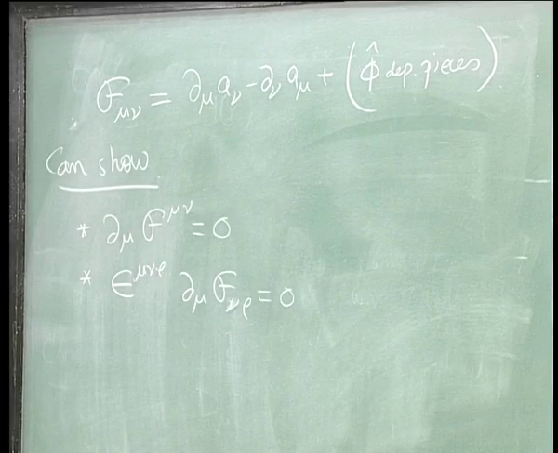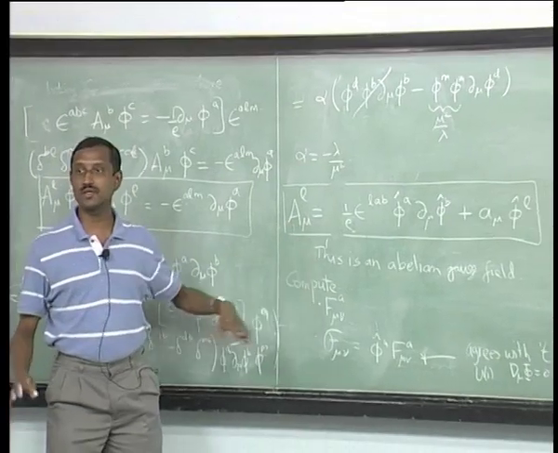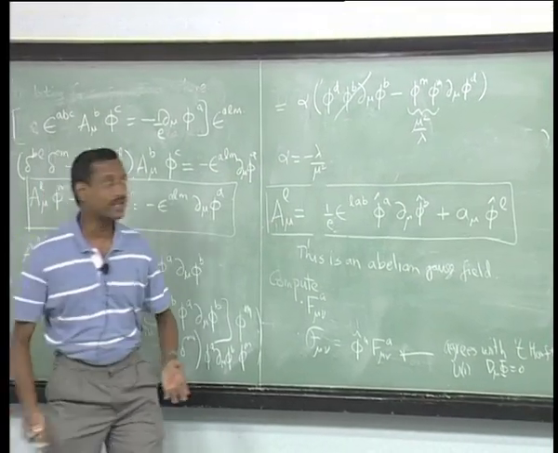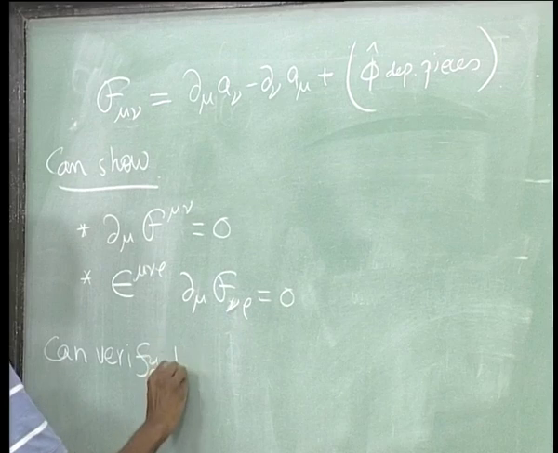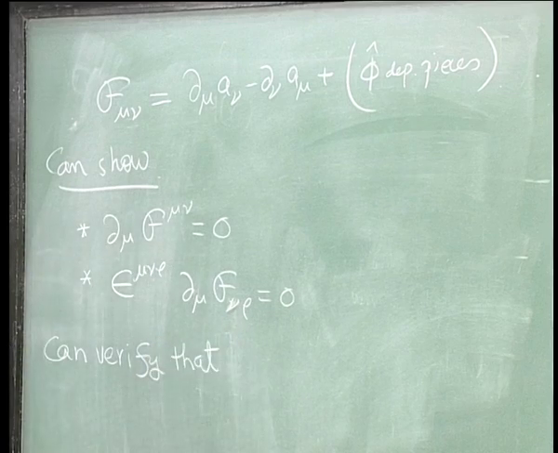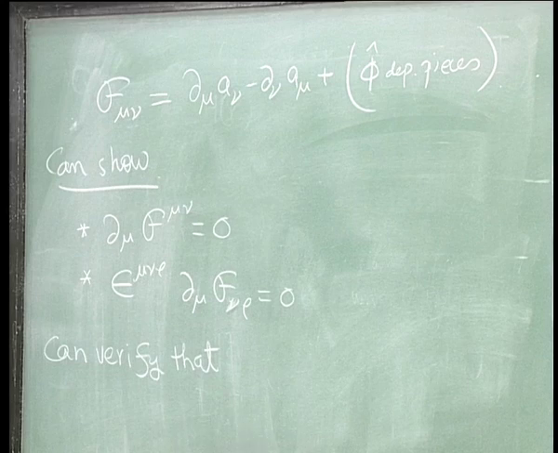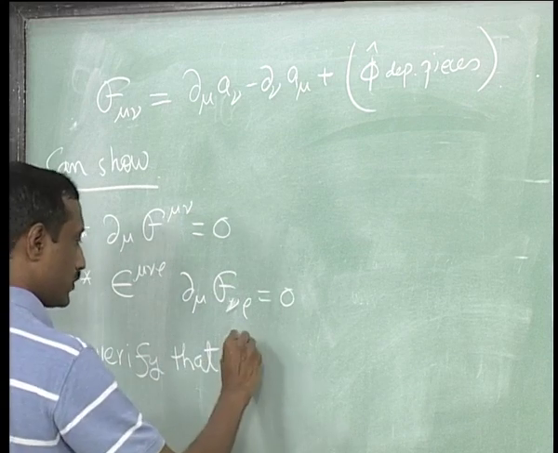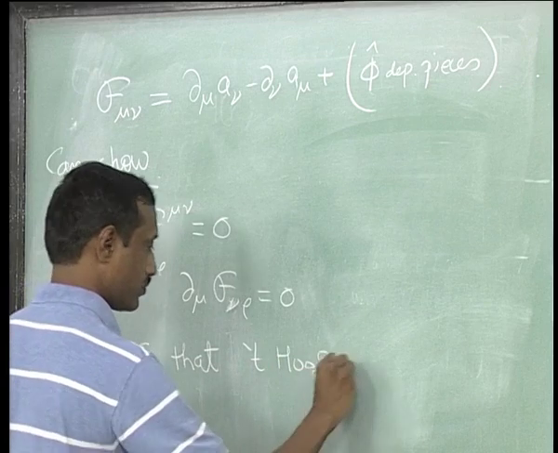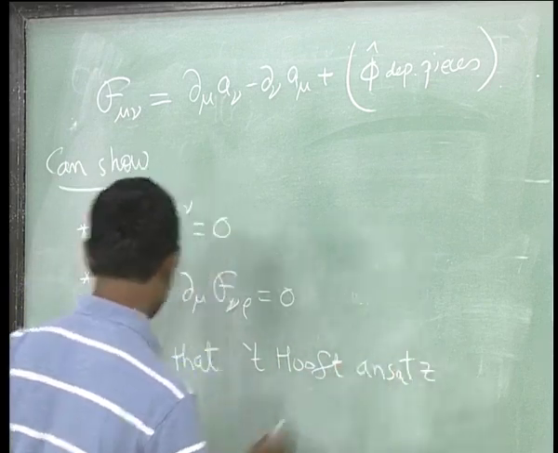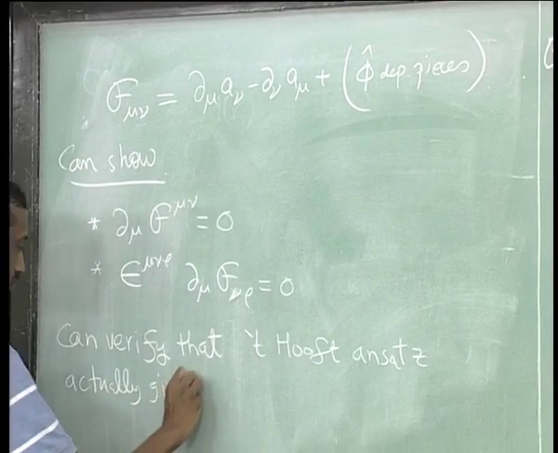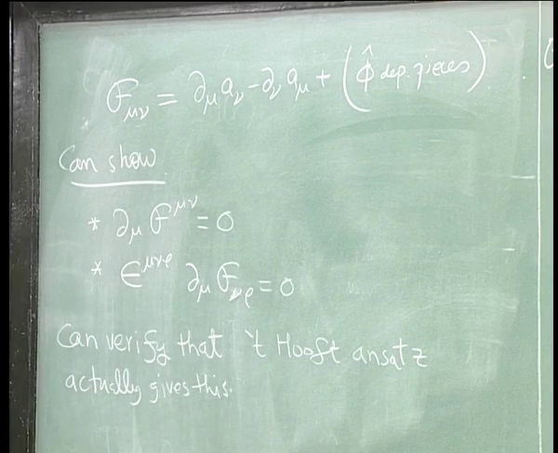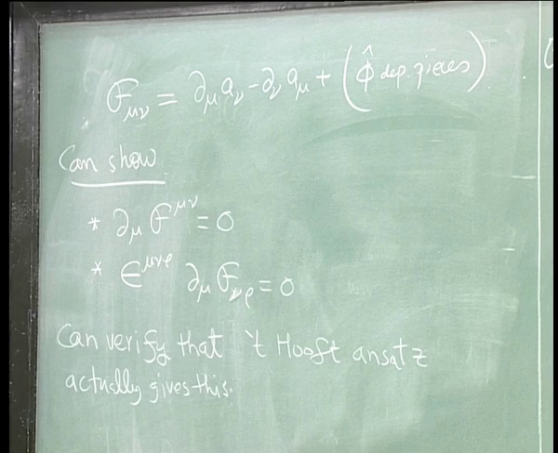So at this point actually we haven't made any assumption about the ansatz or anything. You can verify that the 't Hooft Ansatz actually gives this. Okay. So you should do some things with the k's and the h's, that I leave it to you as an exercise.